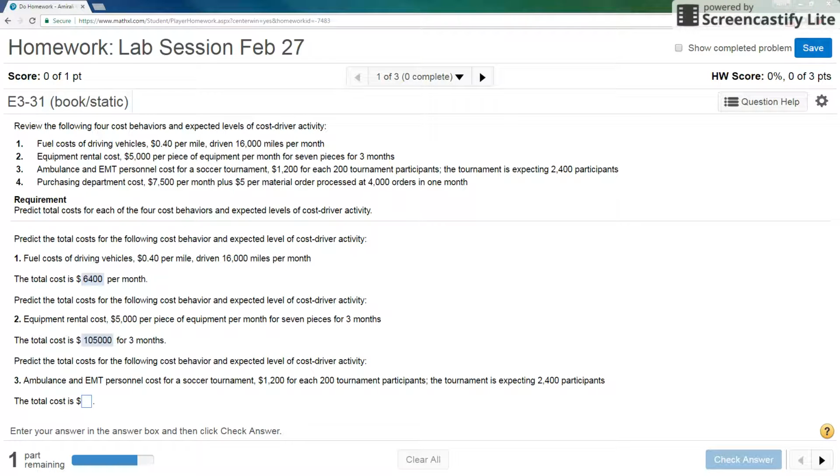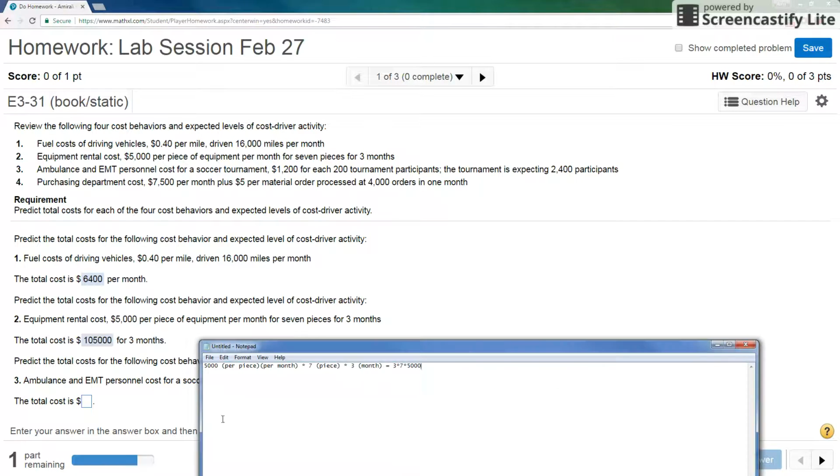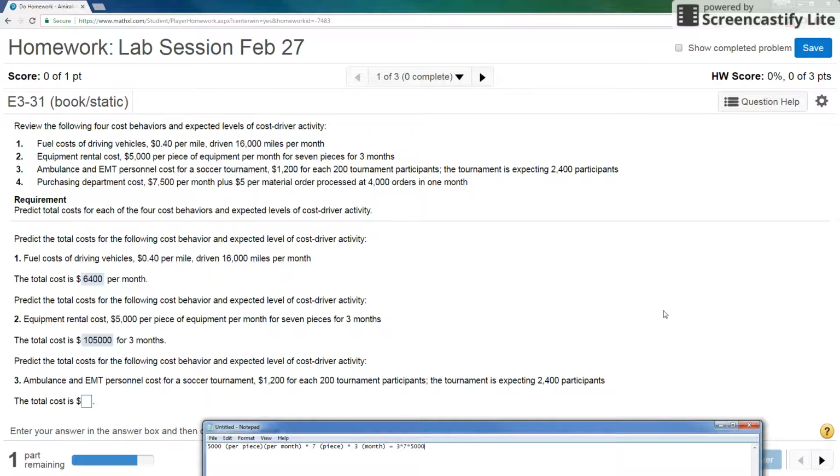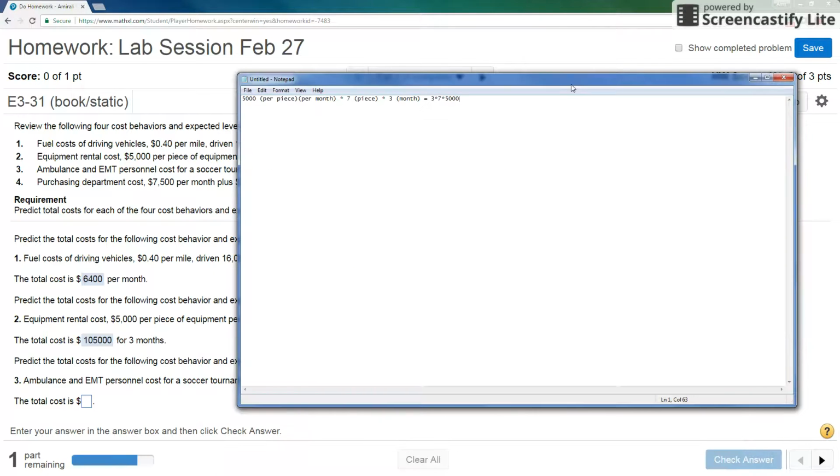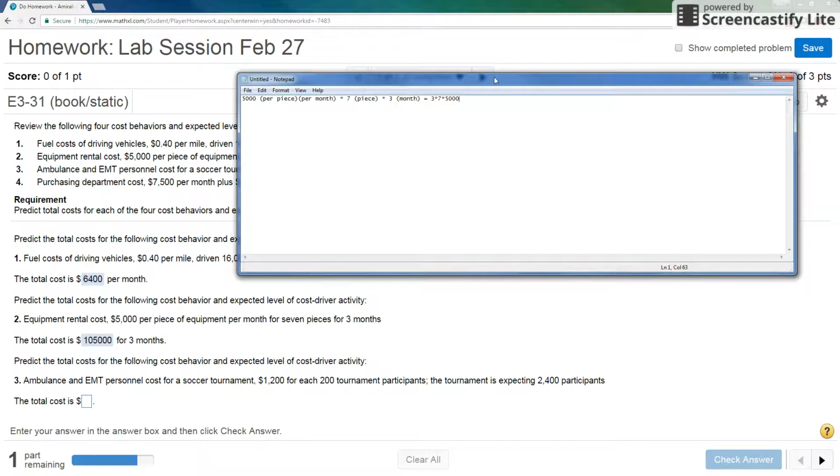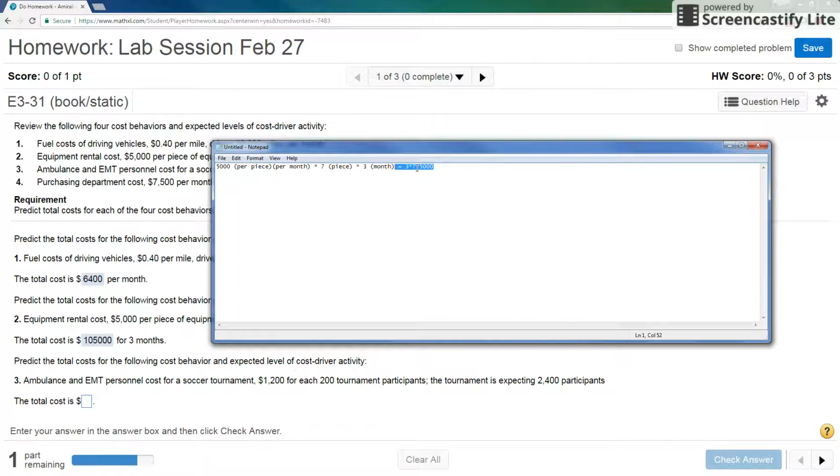Now we get to the third part. The third part says we have an ambulance and EMT personnel costs for a soccer tournament. So we pay 1,200 for each 200 tournament participants. The tournament is expecting 2,400 people. So if we go with the same, let's put this up here.